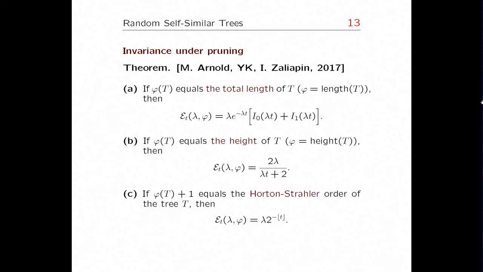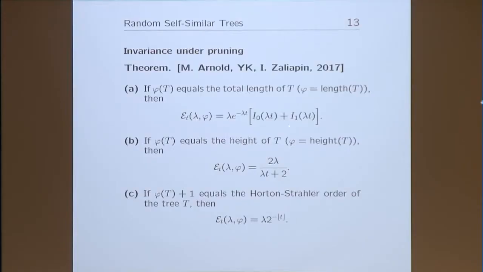Now for the 3 examples, if phi is the total length, that would be the new rate, where I0 and I1 are modified Bessel functions. And you can easily check with this formula again the absence of the semi-group property.